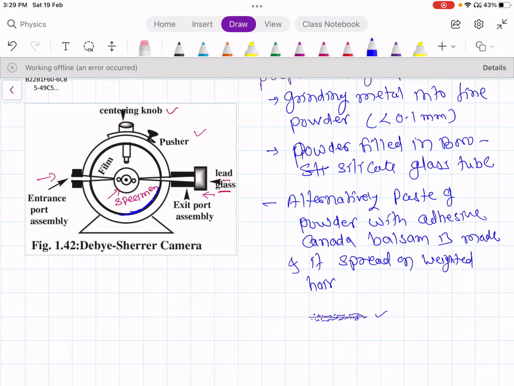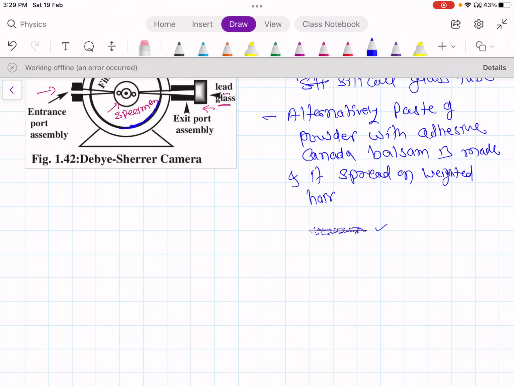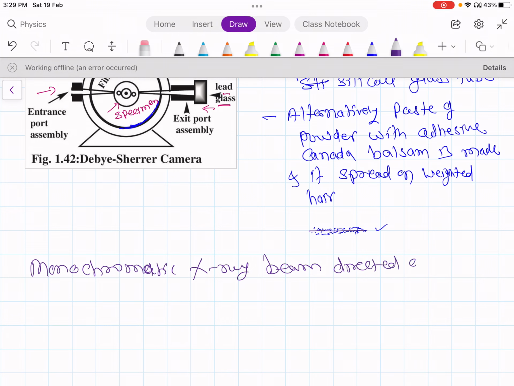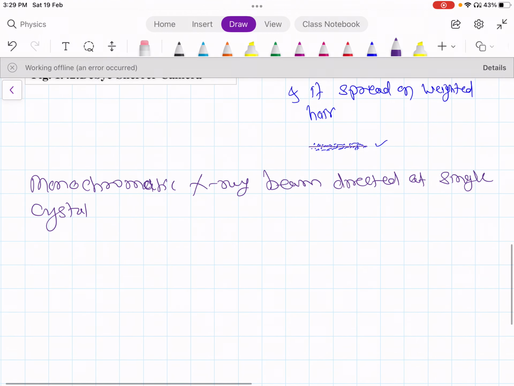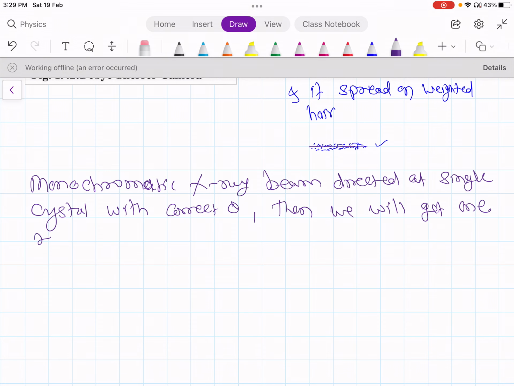Here, let us take an example. Suppose a monochromatic X-ray beam is directed at a single crystal with the correct theta, so that Bragg's law is satisfied. Then we will get only one reflection.